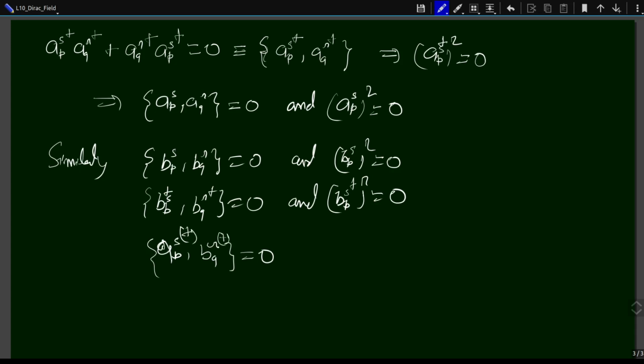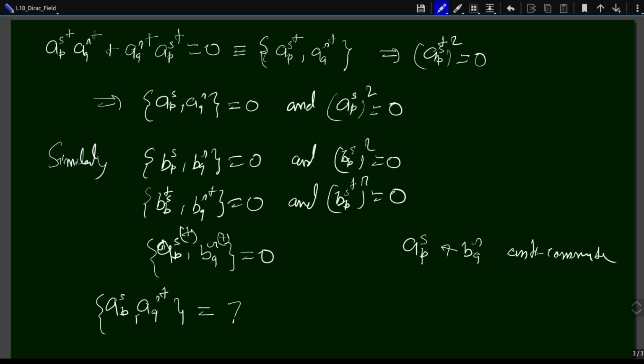So there are four identities like this. So all of them anti-commute. What we don't know about is what happens to a_{ps} and a_{qr} dagger.